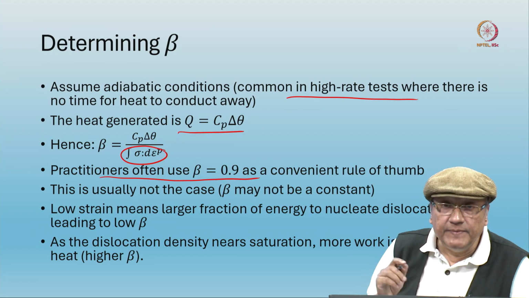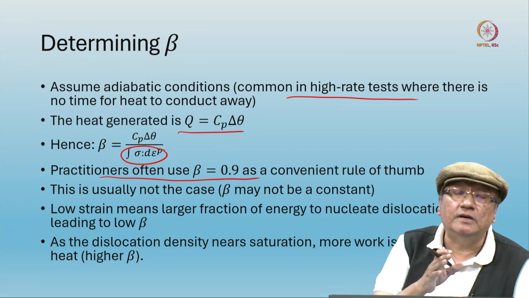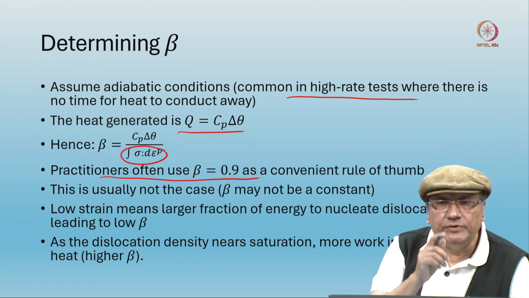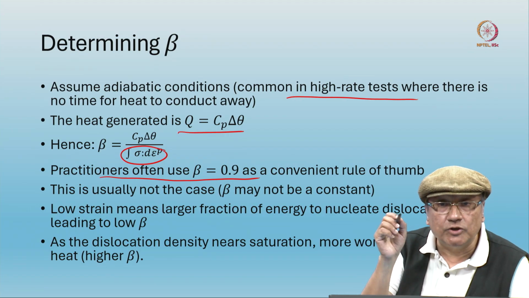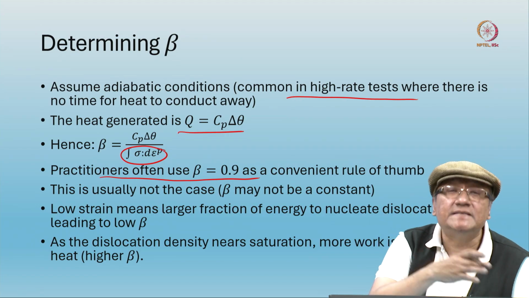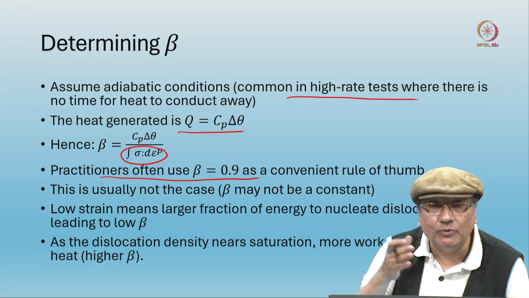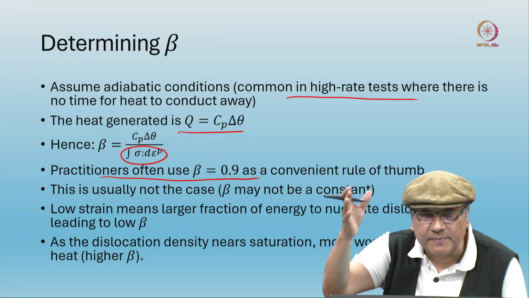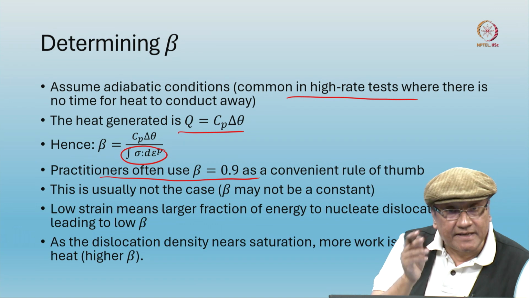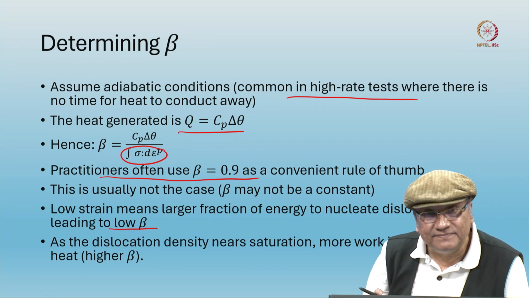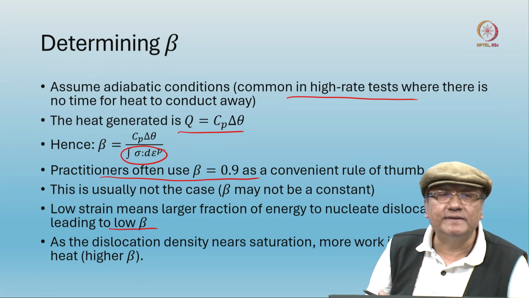That means less energy from the plastic work, which is x inner product alpha dot, is available to dissipate as heat, the way that we understand heat, that increases temperature. So that means that beta will be low; it will not be 0.9.